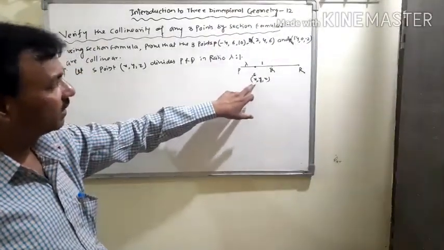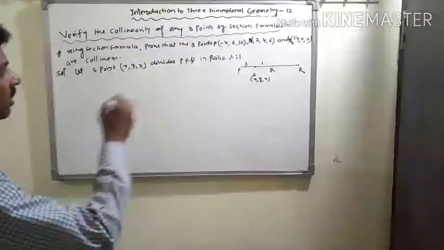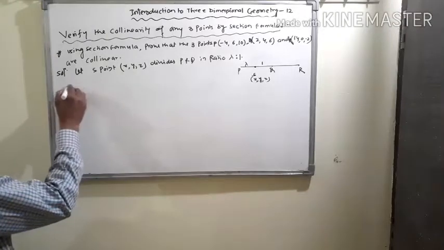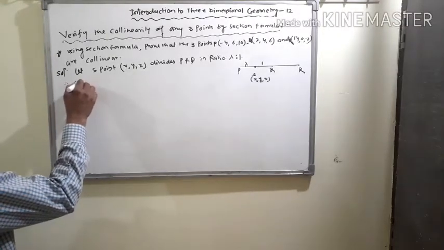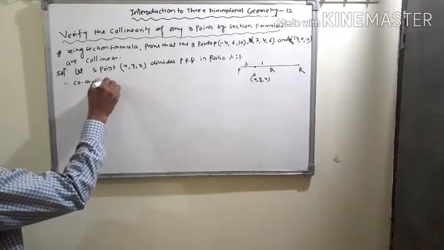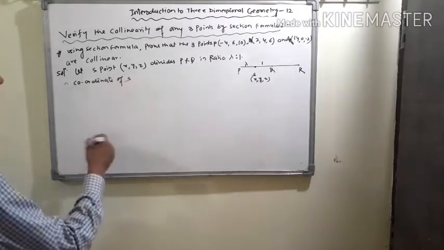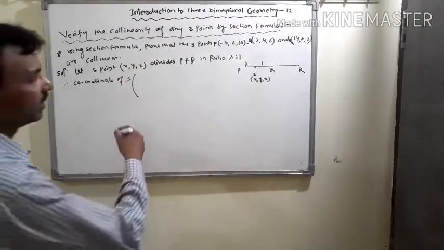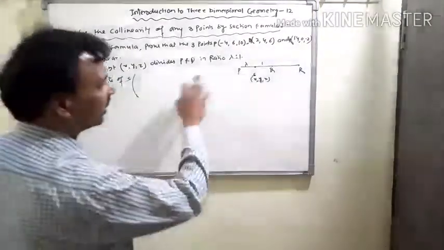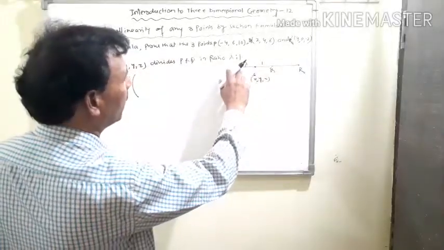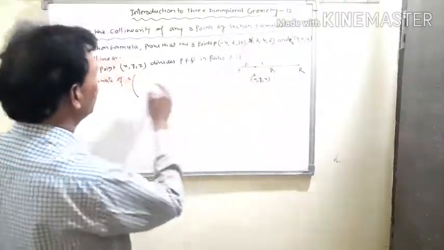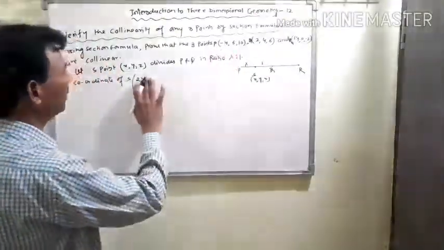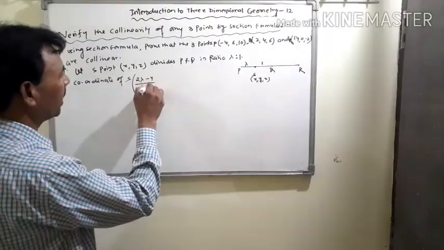Then we can find the coordinates of S by the section formula. Therefore, the coordinates of S will be: x equals m1 x2 plus m2 x1, that means lambda into 2, that is 2 lambda, plus 1 into minus 4, that is minus 4, whole upon lambda plus 1.